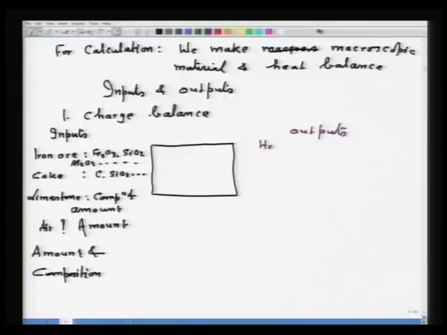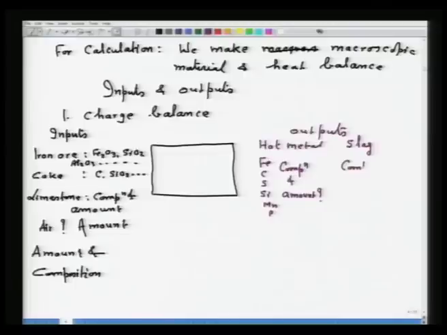On the output side, you have hot metal. Hot metal composition: iron, carbon, sulfur, silicon, manganese, phosphorus. So, here again composition and amount we are interested in. Then another output is slag. Again we are interested in composition and amount.